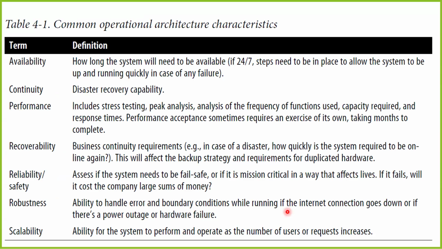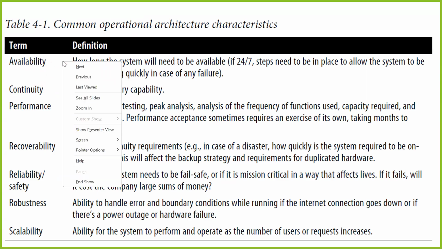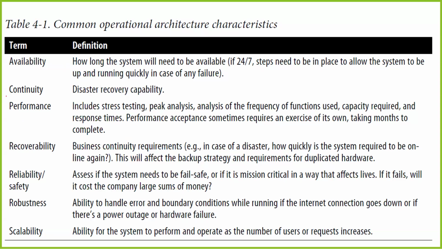And in your coursebook in chapter 4, this table is given to cover the most common operational architectural characteristics or quality attributes. The most important one is availability, for instance, because a lot of applications need that. How long the system will need to be available.